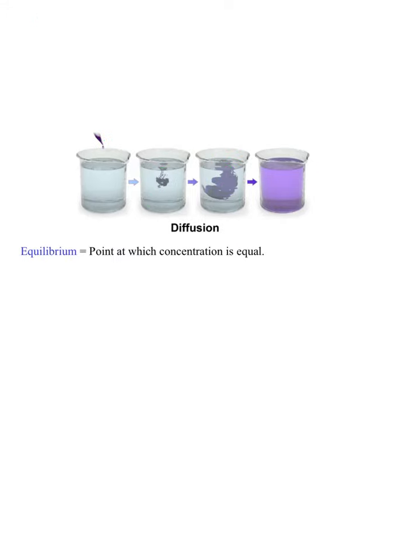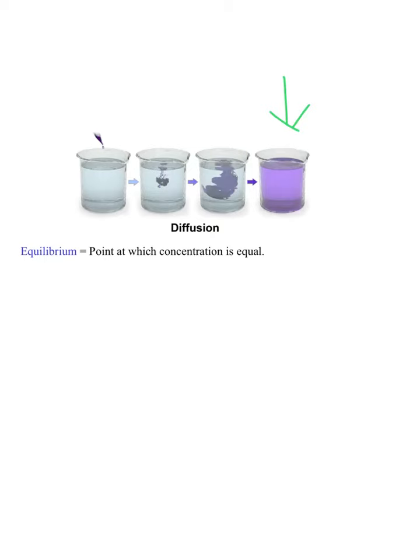Hey, a minor point, but an important one. Remember we said that after a while, the dye particles that we were looking at are going to be completely and totally all spread out. So the concentration is going to be pretty much equal throughout the beaker. Now, it doesn't mean that the molecules stop moving.